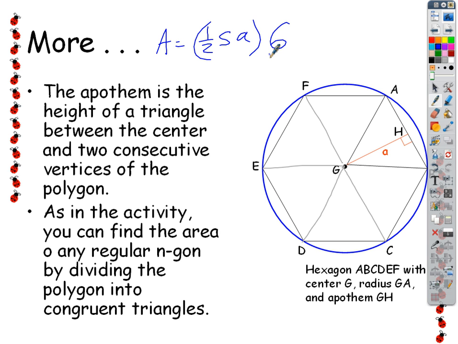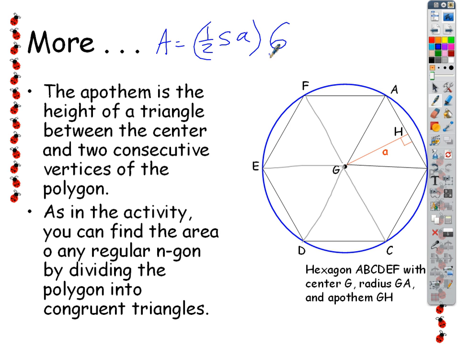Now look what I can do with this. If the side length is S, what does 6S mean? If there are 6 sides on this thing, and I multiply one of these sides by 6, what am I actually calculating for the polygon? What do you think? The perimeter. Yeah, that's just perimeter, isn't it?